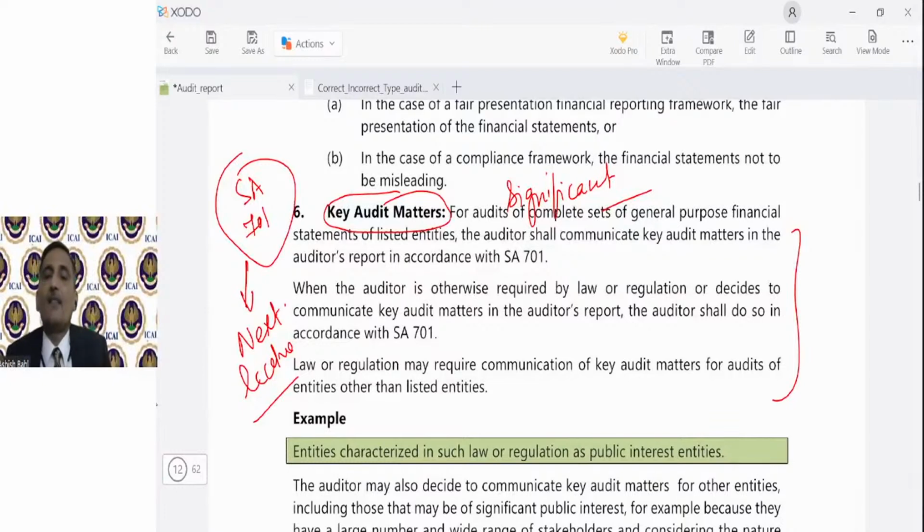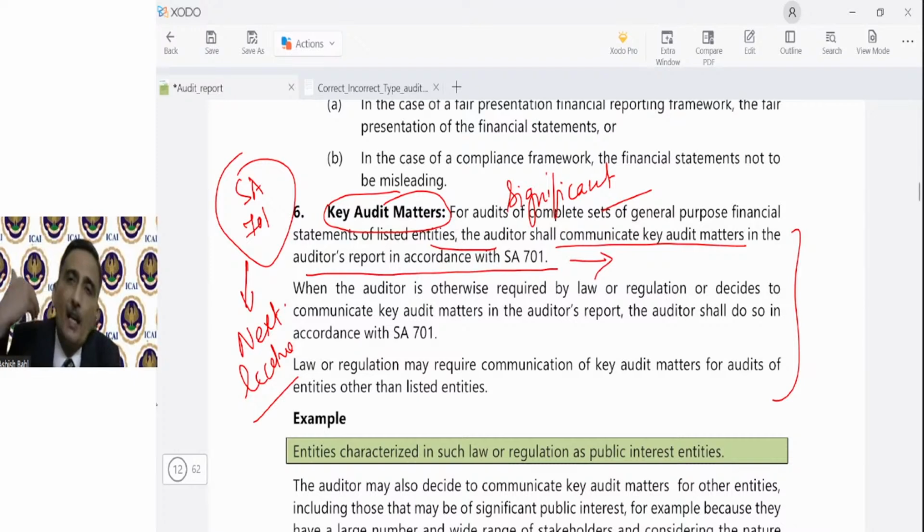Now, SA 701 deals with such matters. Now, in case of listed companies, the companies whose shares are listed on a stock exchange, the reporting of key audit matters is mandatory, is compulsory. Okay. So, in case of listed entities, the auditors shall communicate key audit matters in the auditor's report in accordance with SA 701.